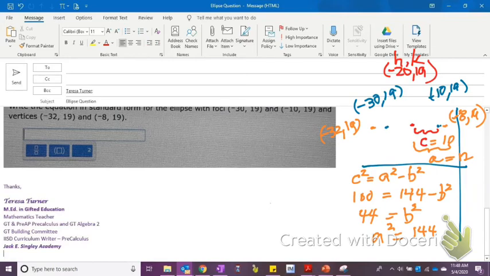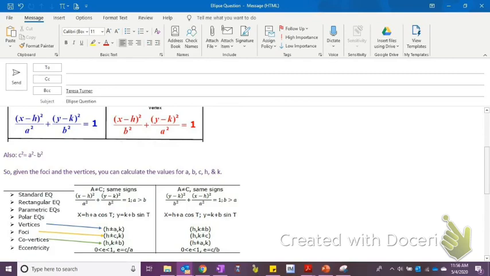We don't need to calculate the square root because if we go back up and look at the formula, it includes A and B in terms of A squared and B squared. So we knew that A squared is 144. We found that B squared was 44.